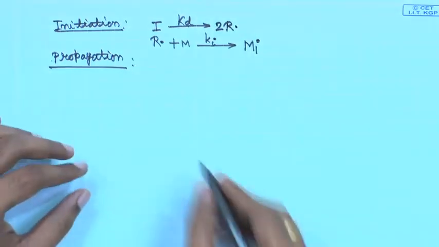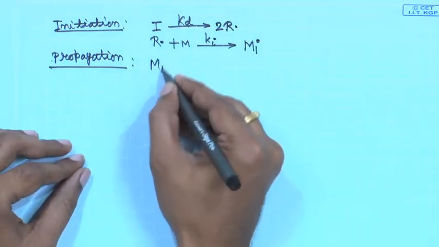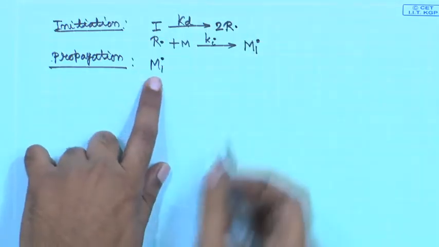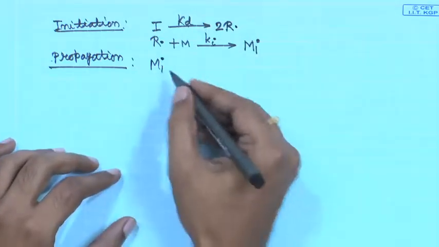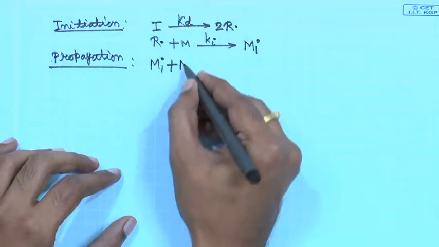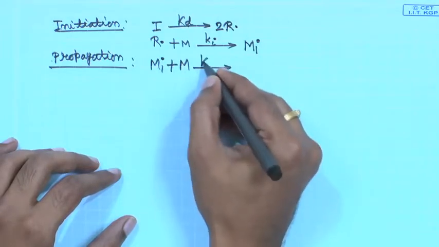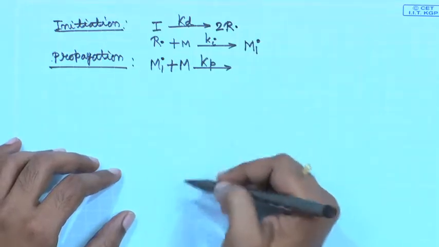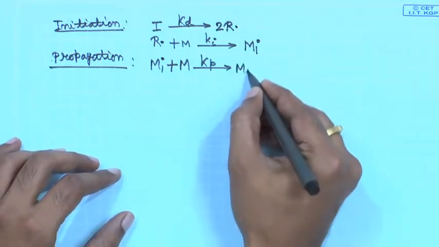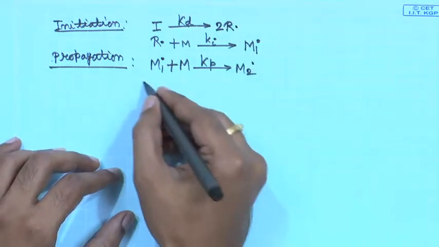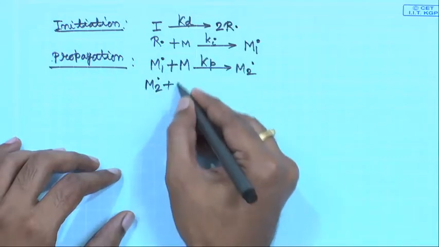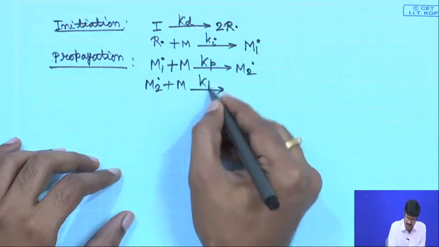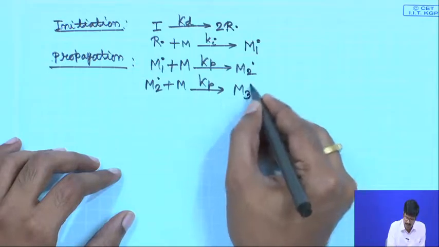So, in propagation, this M1 dot that is being produced is a chain initiating radical. This chain initiating radical can react with another monomer species with a rate constant of Kp, P indicating propagation. So, it will be M2 dot. That M2 dot can react with M again to produce M3 dot, and so on and so forth.